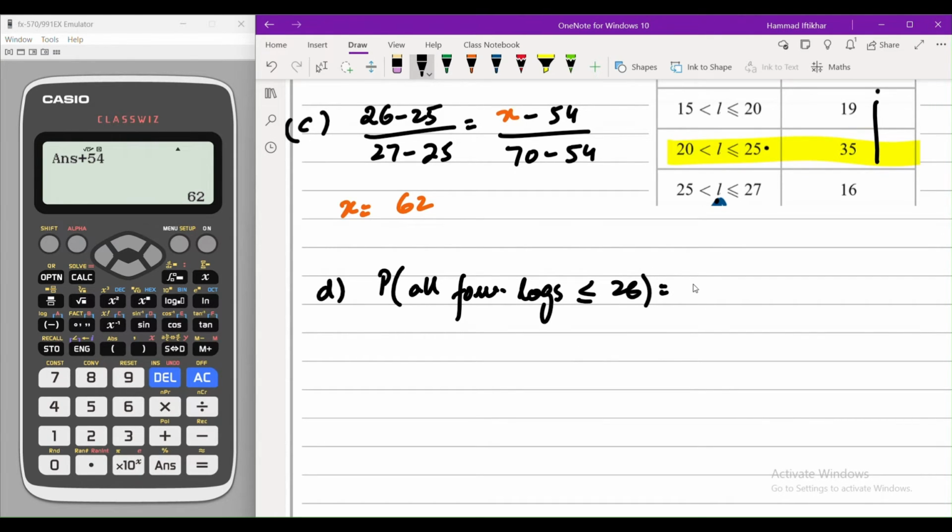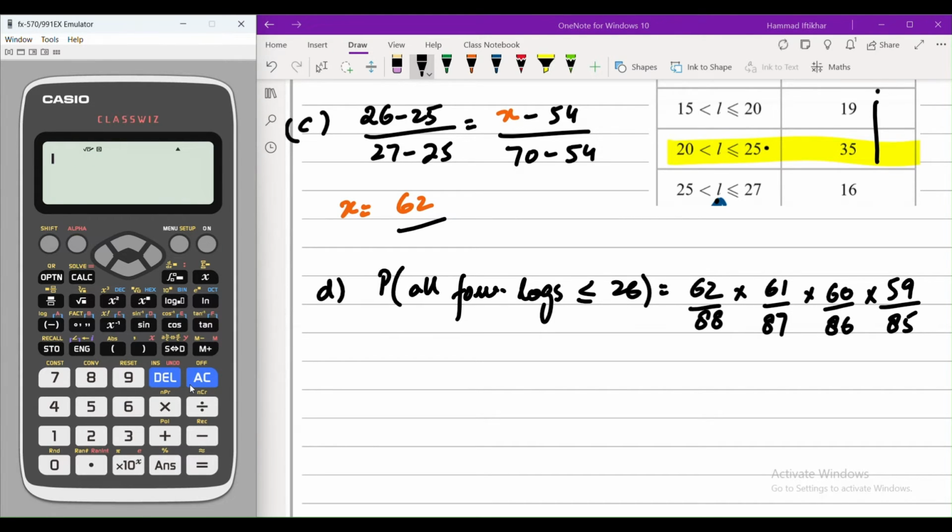So the first one would be how much out of 62? No, sorry, 62 out of 88. Then it will be 61 out of 87. Then 60 out of 86. And then finally 59 divided by 85, because she's taking out of her logs over here.